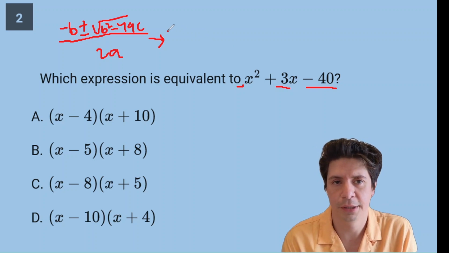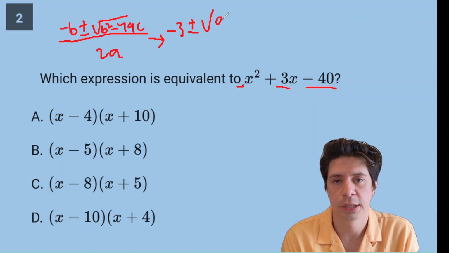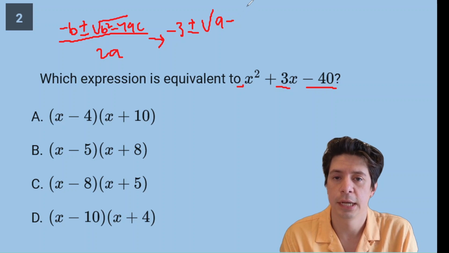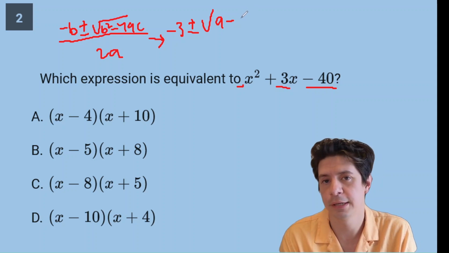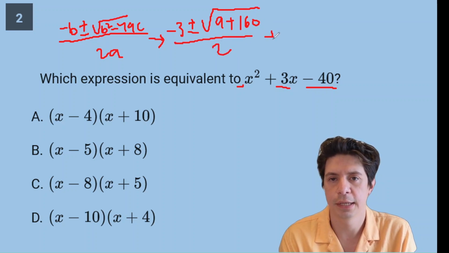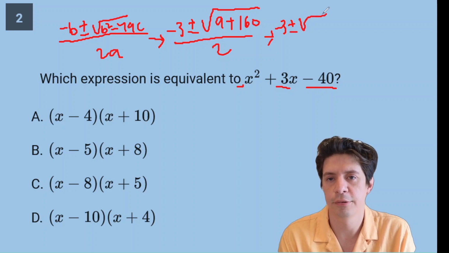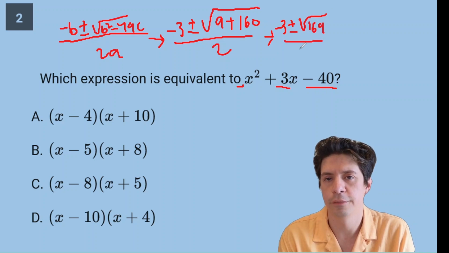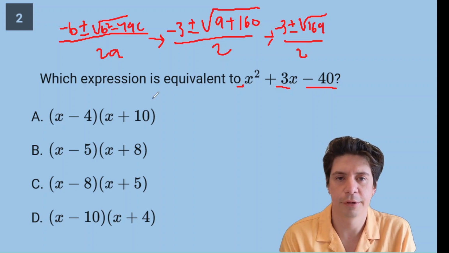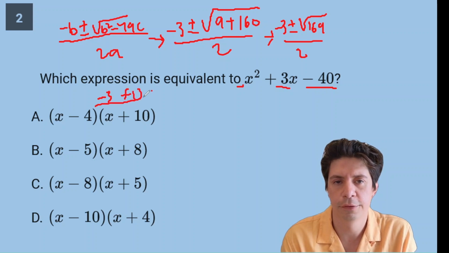So then it's going to be negative 3 plus or minus the square root of b squared, which is just 9, minus 4 times a, so that's 4 times 1, which is 4, times negative 40, positive 160, all over 2a, which is just 2, and that's going to get us negative 3 plus or minus the square root of 169, all over 2, which is negative 3 plus 13 all over 2.